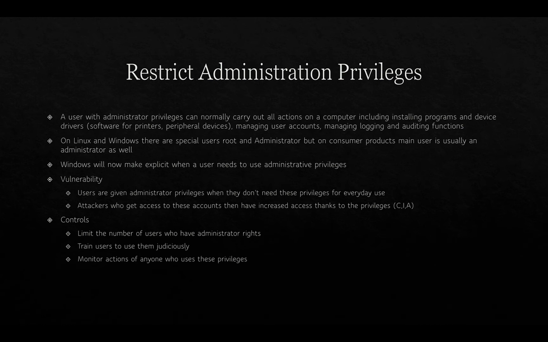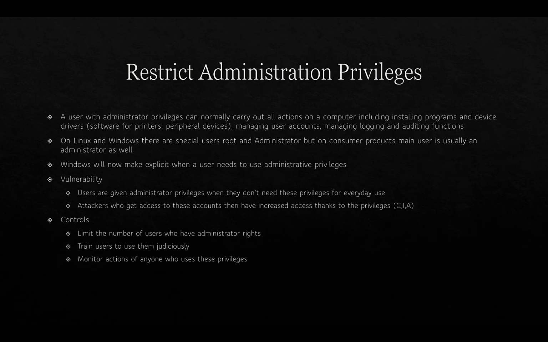So on Linux and Windows, there are special users, as I mentioned. On Linux, it's root, and on Windows, it's administrator. But any user can be given administrator privileges. And so it's not just these special accounts that have access to those privileges.